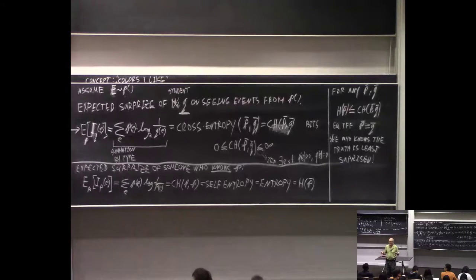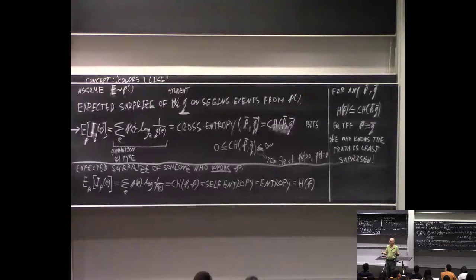We're assuming that there's some inherent stochasticity, inherent randomness in the world, but that it is possible for us to learn these stochastic rules, these stochastic models. And if we learn them completely correctly, then our average surprise on seeing events is still not going to be 0, because the world is stochastic.